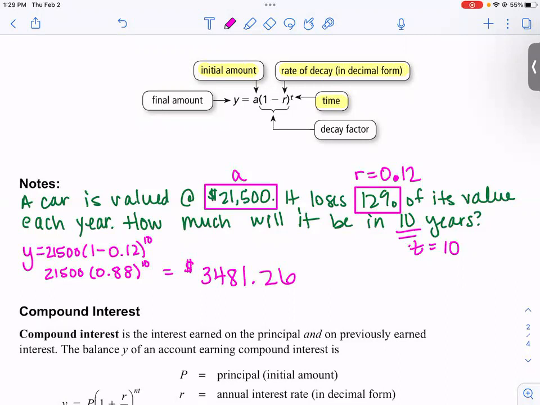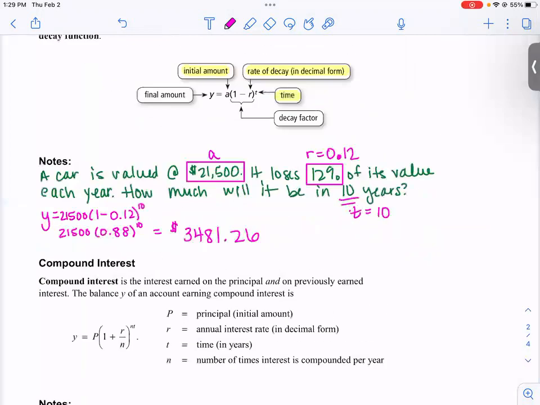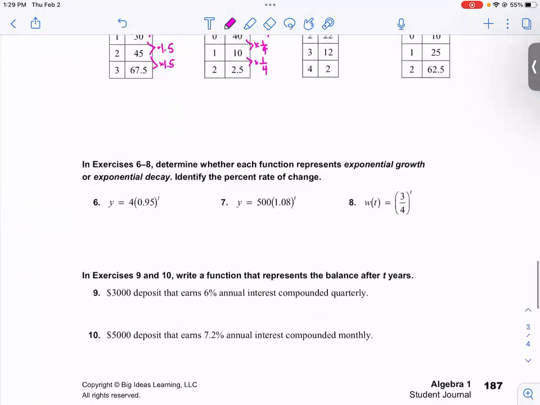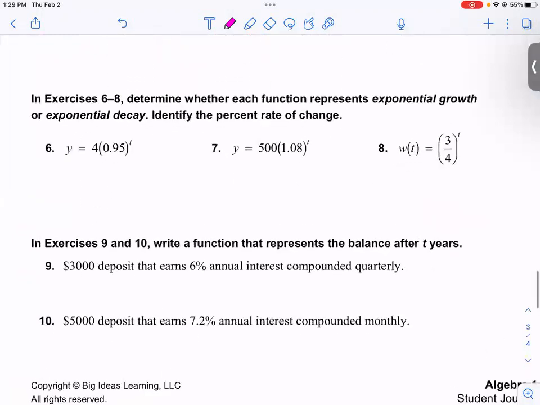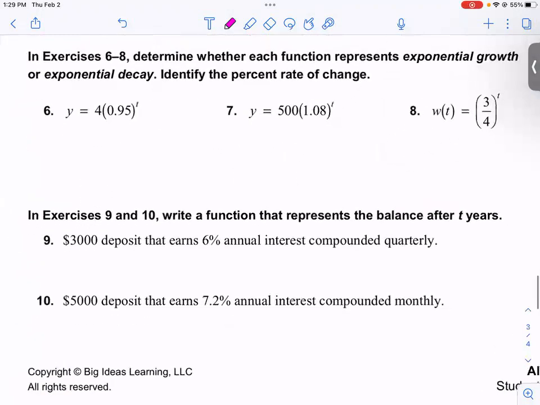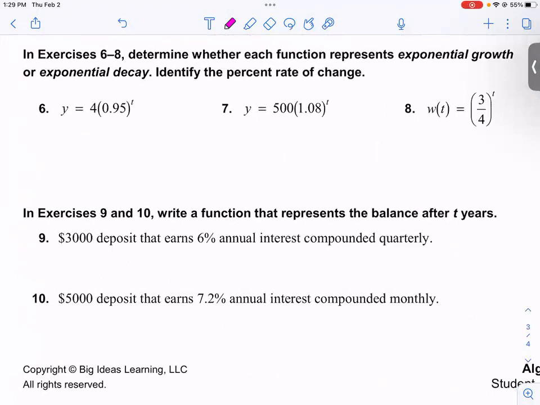Okay, so I want you to turn to page 187 and look at 6 through 8. I want you and your elbow partner to decide if these are exponential growth or decay. Ready, set, go. 6 through 8, growing or decaying?